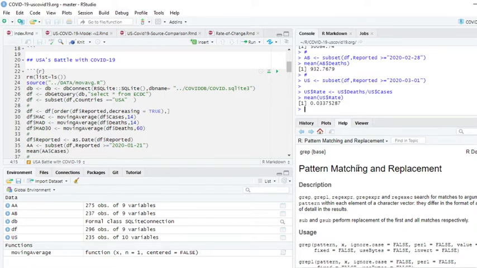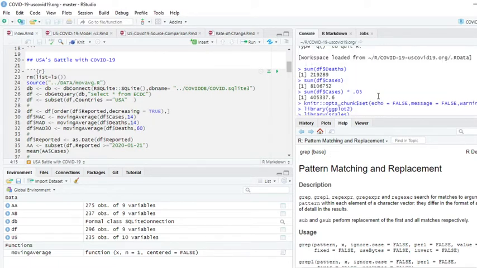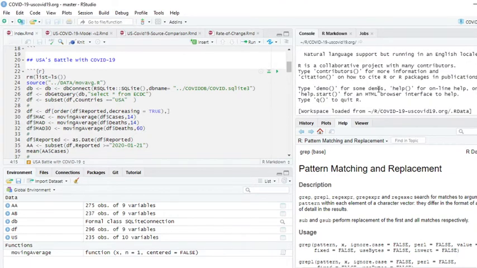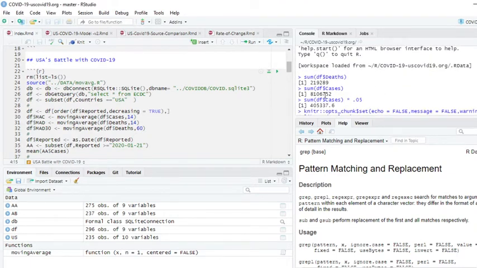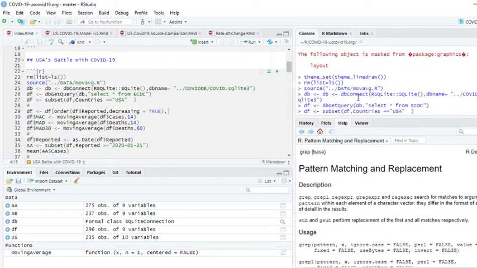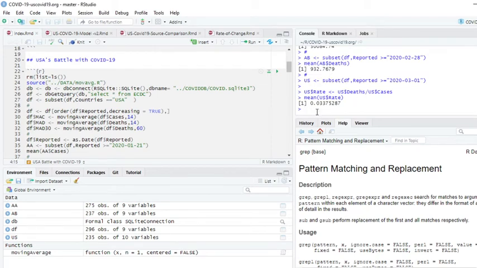So, if we say we have 4.4 million cases times 0.003, this should tell us what the number of deaths should be.